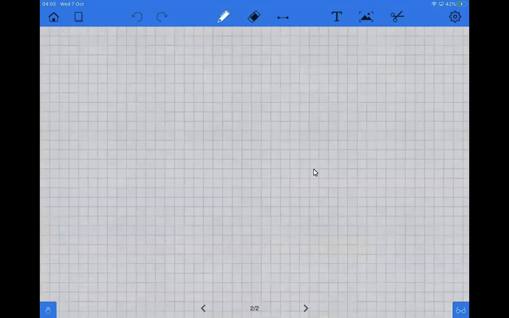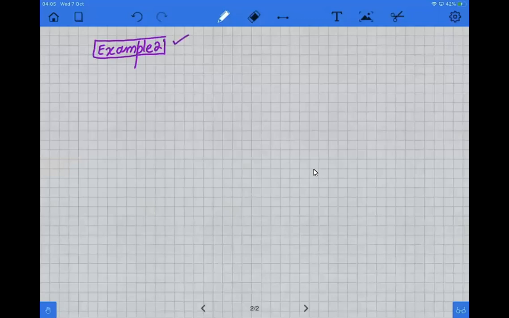Another example could be example 2. Now, to check whether an equation is homogeneous or not, write base units of all the terms and see whether they are same or different.